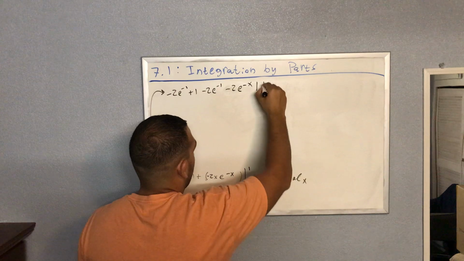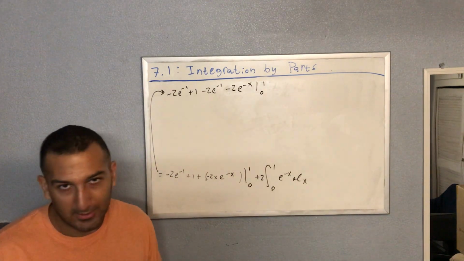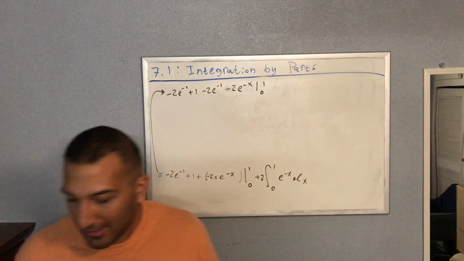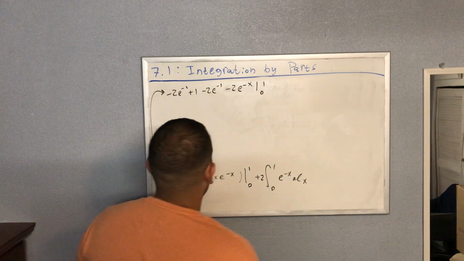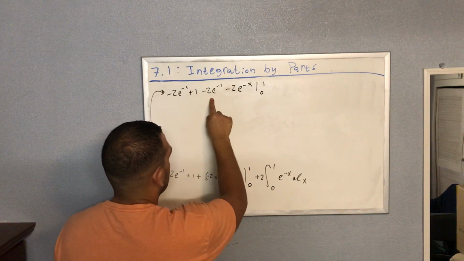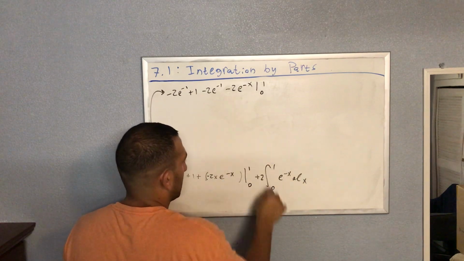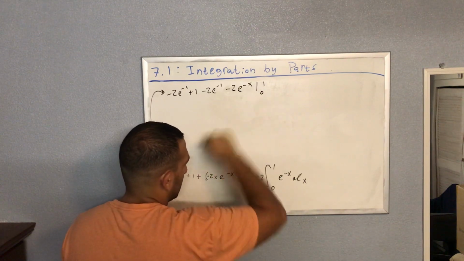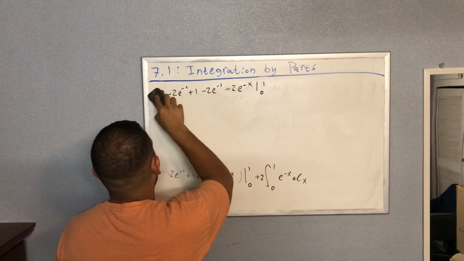Then we evaluate that from 0 to 1. So yes, a lot of evaluations. So the first one we did came from that. Evaluating this from 0 to 1 gave this. And then taking this integral, giving us this, and the limits of integration from 0 to 1 tells us to evaluate our integral from 0 to 1 now.